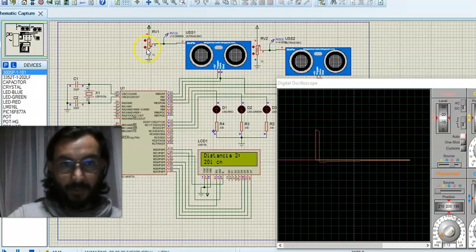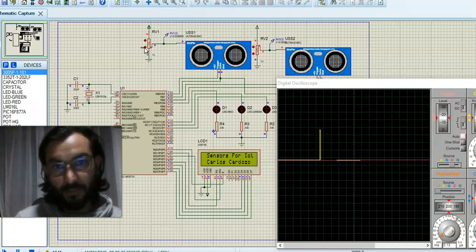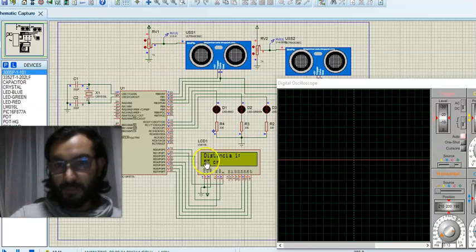Then we are going to change the signals of the first sensor. We can see the distance change.